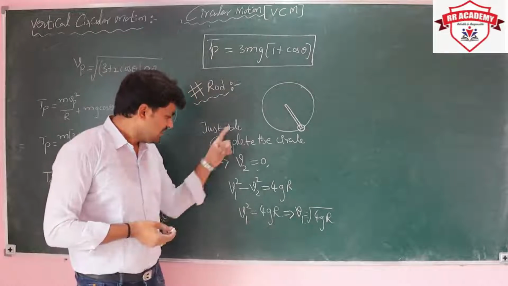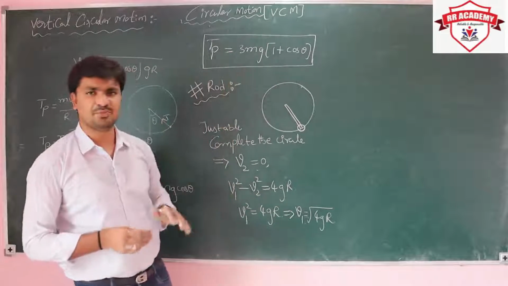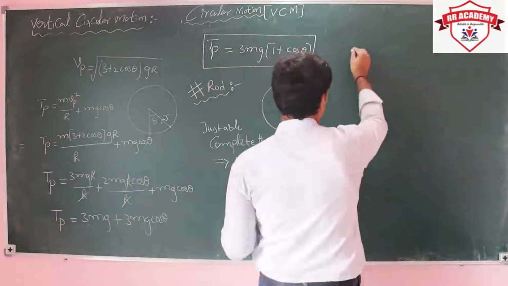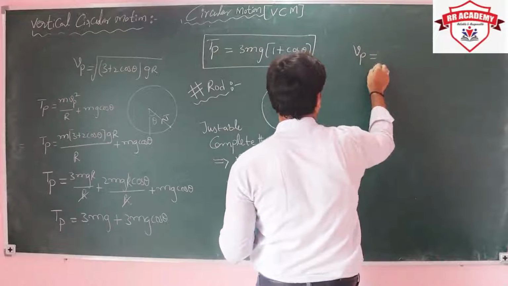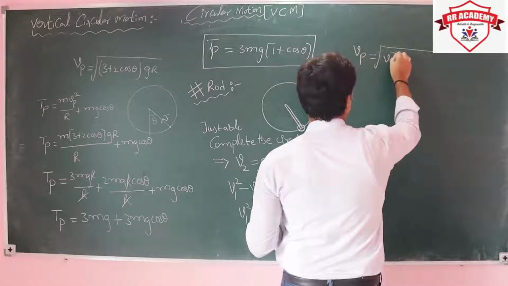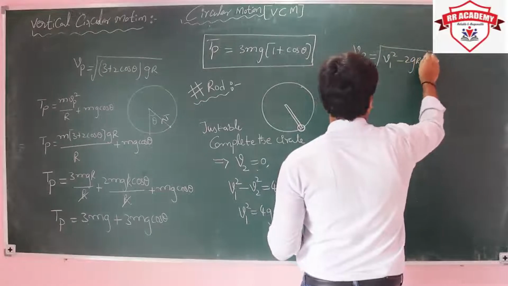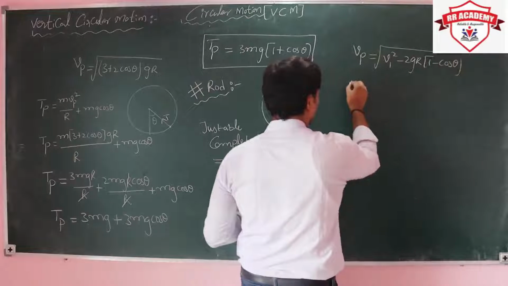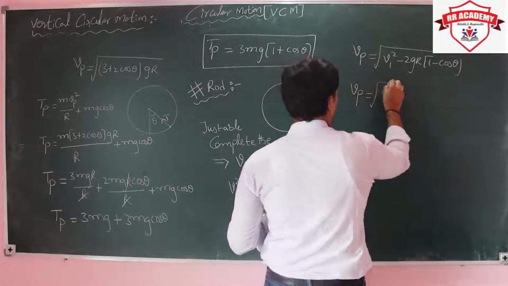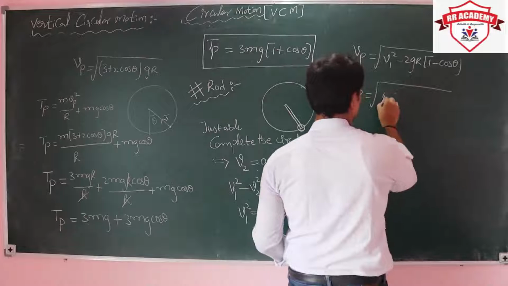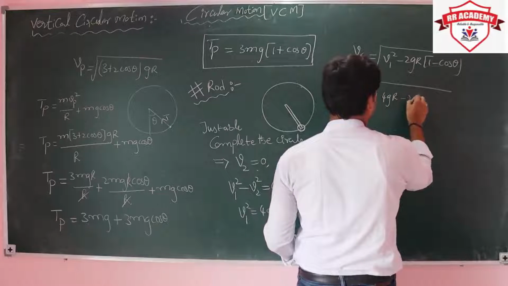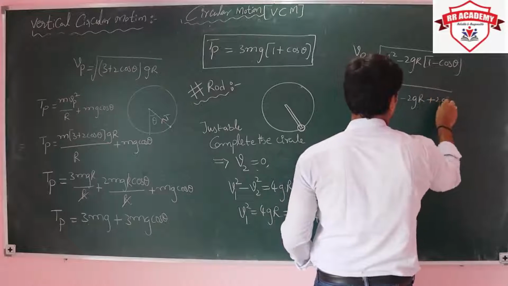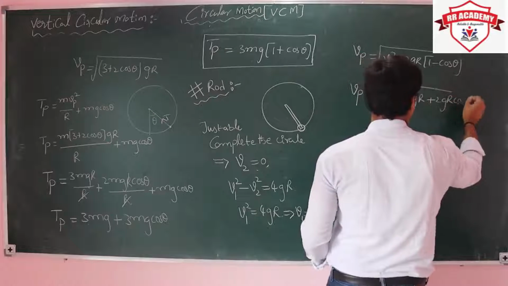Next, what is the velocity at different points? Velocity at any point you want to calculate: v square equals v1 square minus 2gr into (1 minus cos theta). The v1 square value is 4gr, so 4gr minus 2gr plus 2gr cos theta.